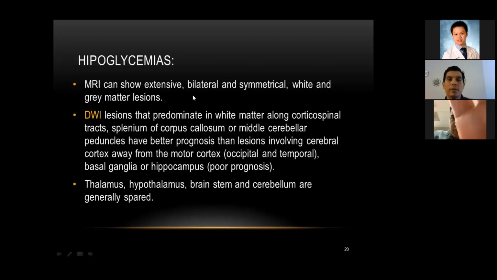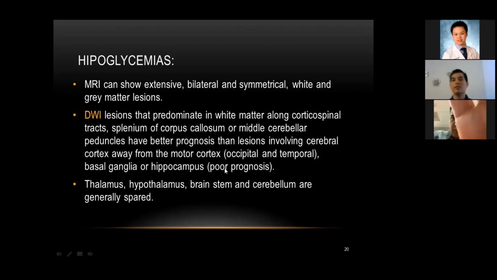This could happen in a patient with encephalopathy or an alcoholism background, and DWI lesions that predominate in white matter. When it is in white matter, along the corticospinal tract, splenium, or corpus callosum, this could be a better prognosis than in case of motor cortex or basal ganglia or hippocampus.